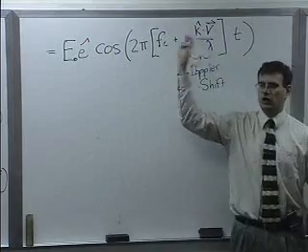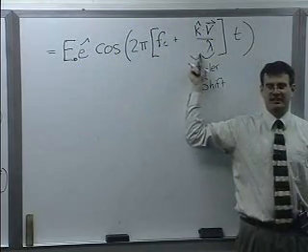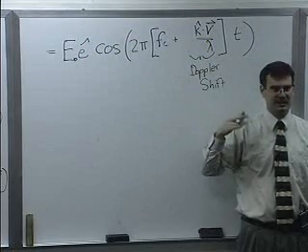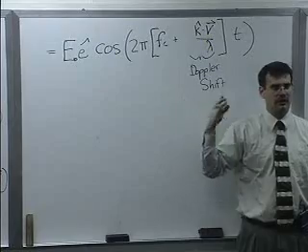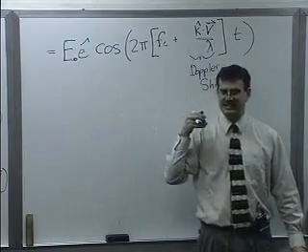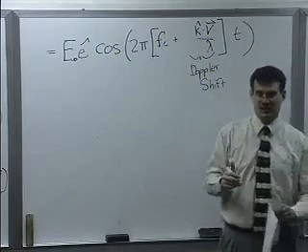As frequency goes up, wavelength shrinks. Wavelength is in the denominator of my Doppler frequency. What happens to Doppler frequency as my carrier frequency goes up? The shift gets bigger. Moving at the same velocity will shift the Doppler frequency higher.